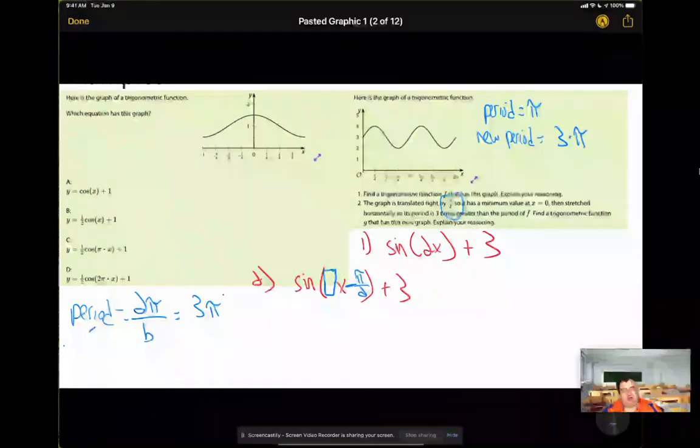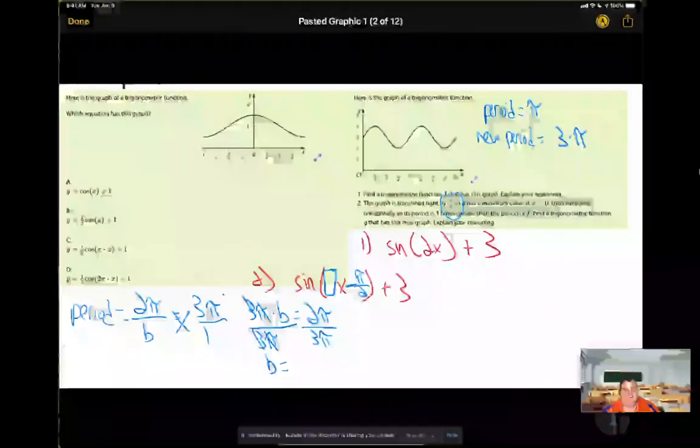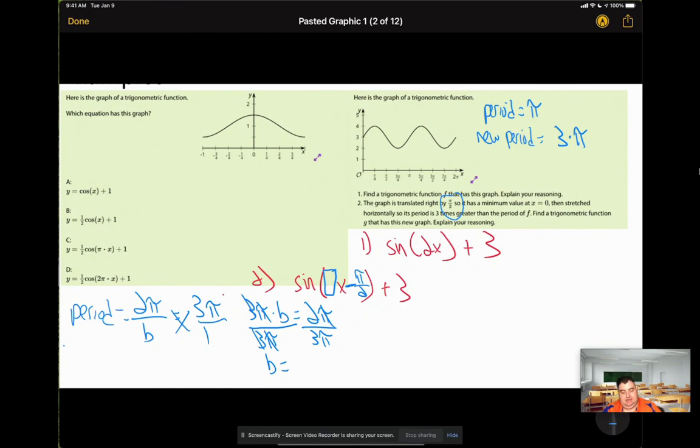So I'm going to do the same thing. I'm going to cross multiply. So this will give me 3 pi times b equals 2 pi times 1. So I'll divide both sides by 3 pi. On the left-hand side, the 3's cancel and the pi's cancel. So I'll get b. And on the right-hand side, the pi's will cancel.